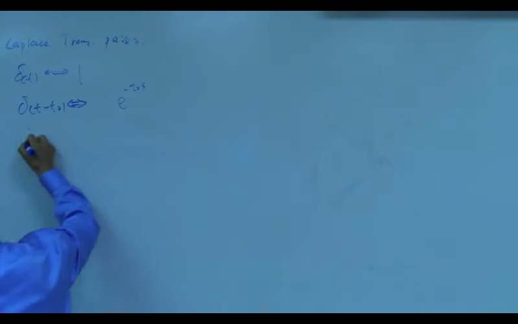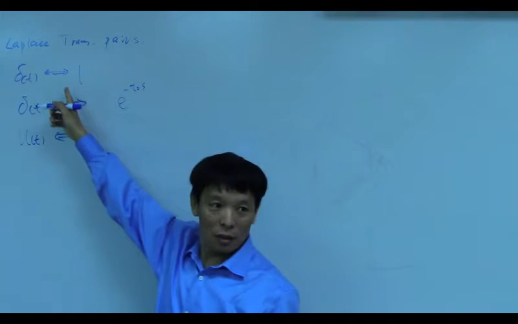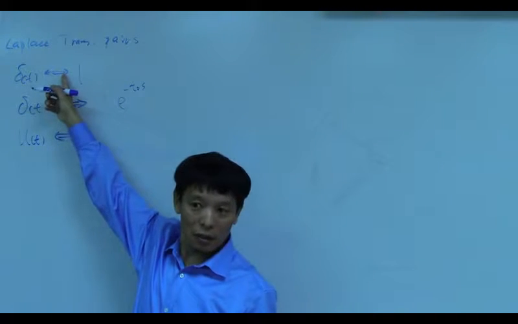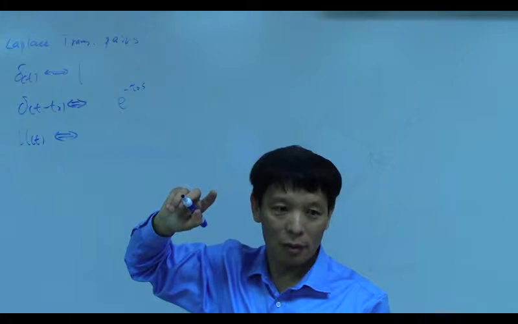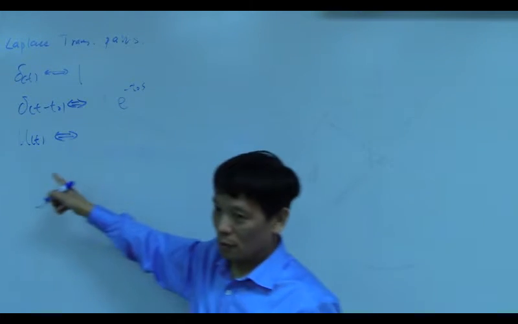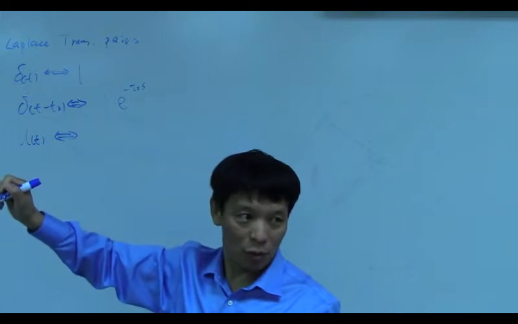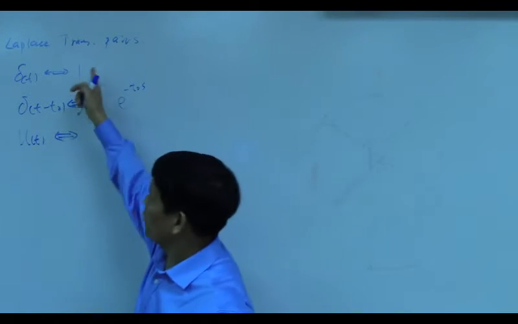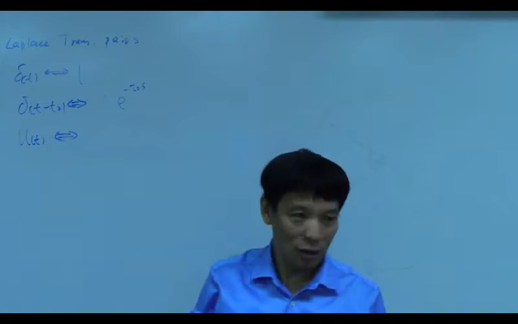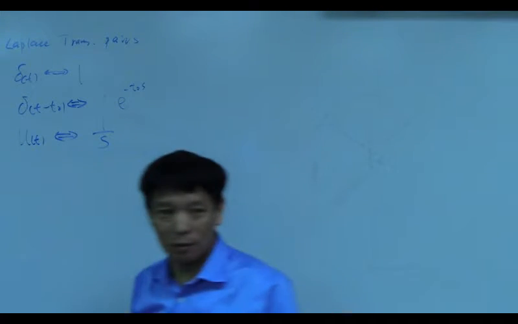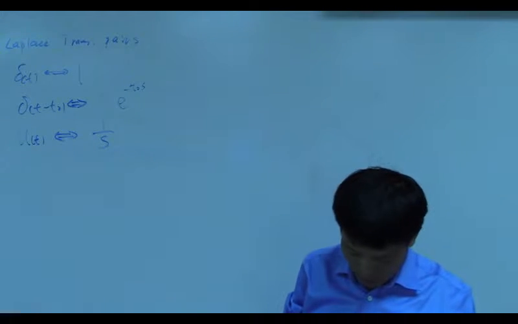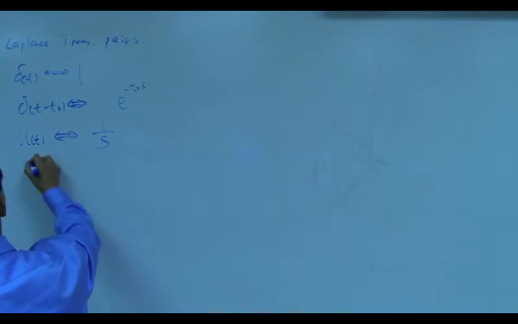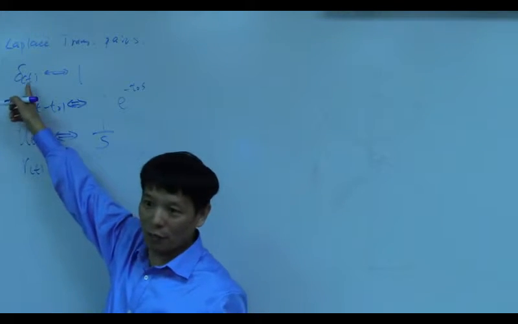The next one is u(t). u(t) is the integration of this delta t. The integration gives us the original Laplace transform divided by s. So this one will give us 1 over s. Then t times u(t), or we say r(t). This one is the differentiation of this one.